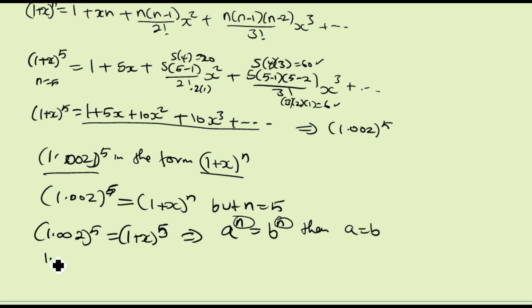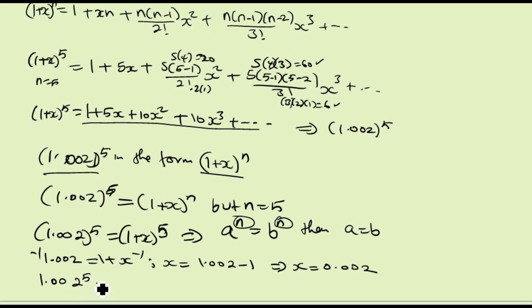So it means that 1.002 is equal to 1 + x, from which x equals 1.002 subtract 1, and this means that the value of x is 0.002. That means we subtract 1 from both sides of the equal sign.